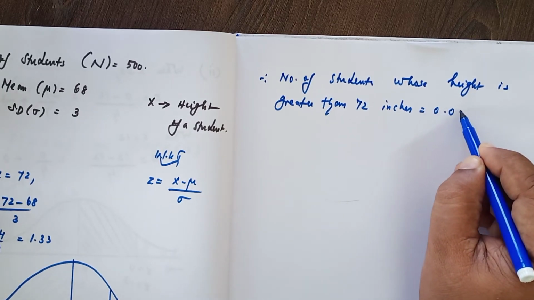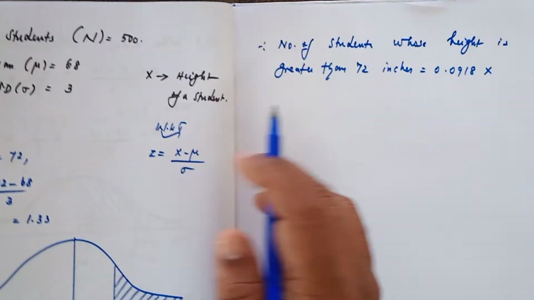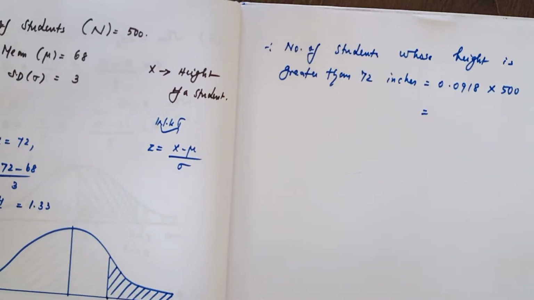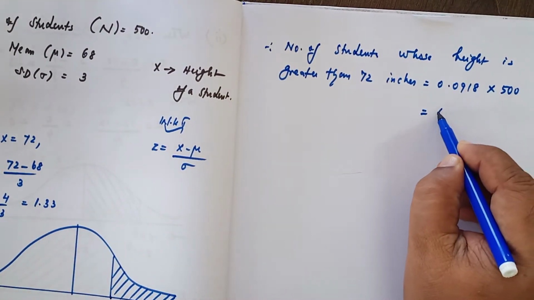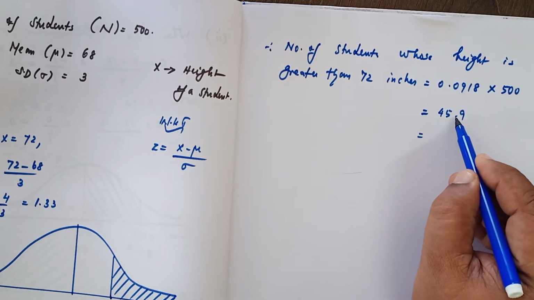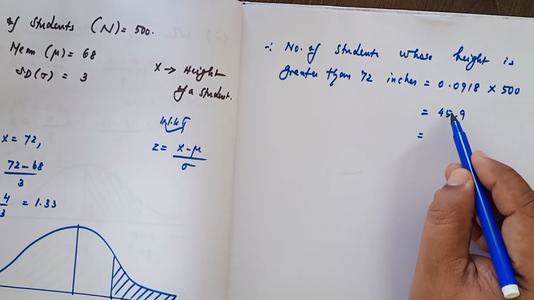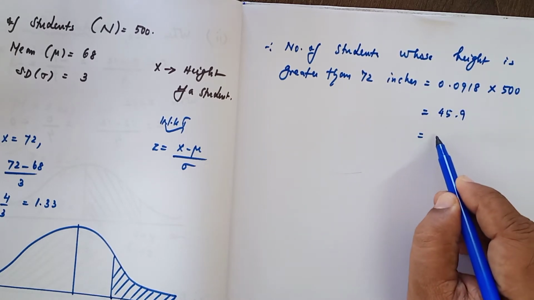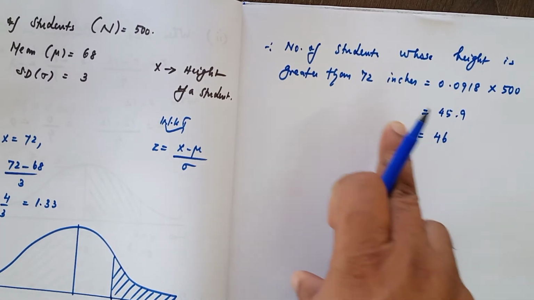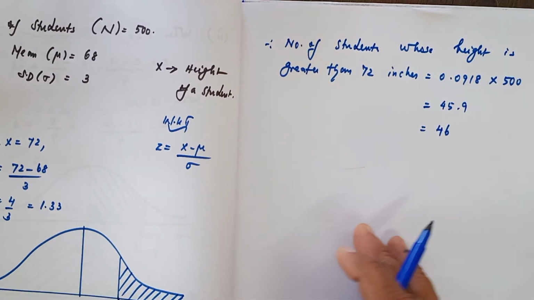The probability value is 0.0918 into total number of students, that is 500, equals 45.9 can be rounded off. After the decimal point we have 9, which is 5 or more than 5. 1 can be added in the integral part. 45 plus 1 is 46. 46 students whose height is more than 72 inches. First part is over. Subdivision 1 is over.